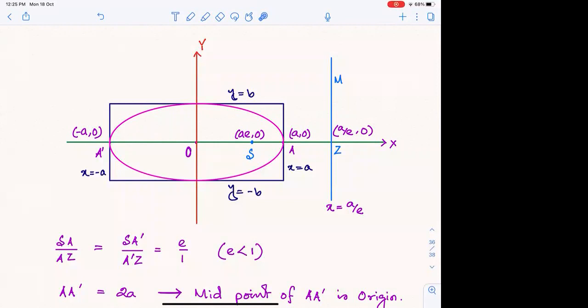So we have got our ellipse with already two vertices, A and A dash. That's a comma 0 and minus a comma 0. The axis is along x-axis, and the length of the axis is 2a. The directrix is along x equals to a by e, right?